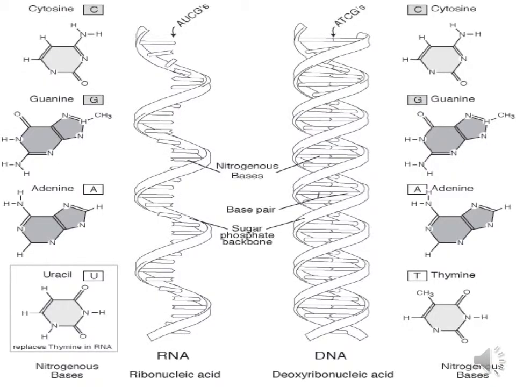Let's take a closer look now at the structure of RNA and DNA, and we'll start first by talking about the DNA. As I stated earlier, DNA is the genetic material of all living organisms. It is a double helix, and I don't think my pointer is showing up to you.